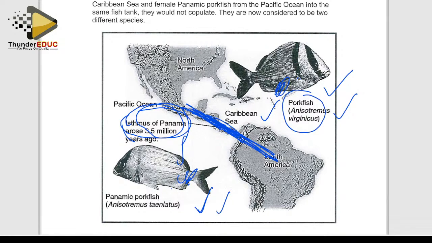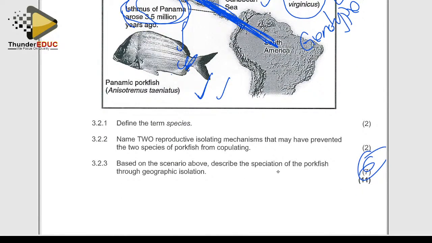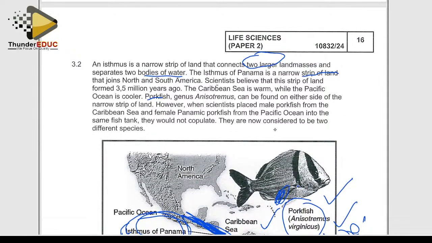And then what happened after that? Since natural selection occurs independently due to the different environmental conditions, they became genotypically and phenotypically different. If you remove the barrier and make them mix again, they cannot interbreed to produce fertile offspring.